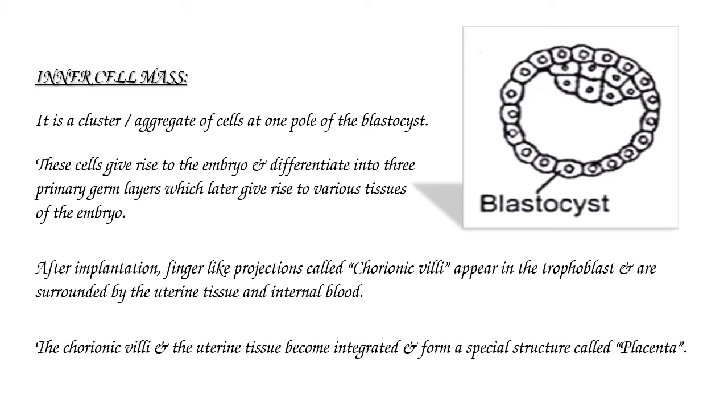After implantation, finger-like projections called chorionic villi appear in the trophoblast and are surrounded by the uterine tissue and maternal blood. The chorionic villi and the uterine tissue become integrated and form a special structure called the placenta.